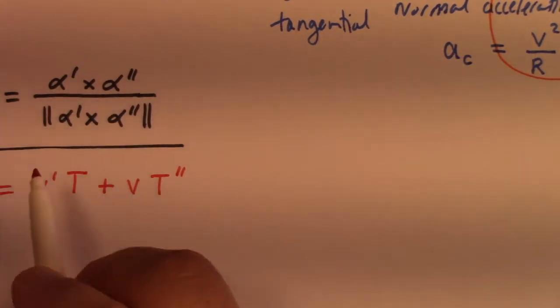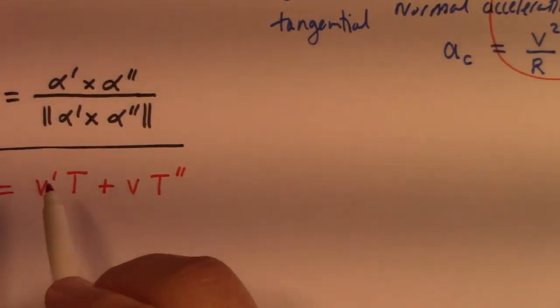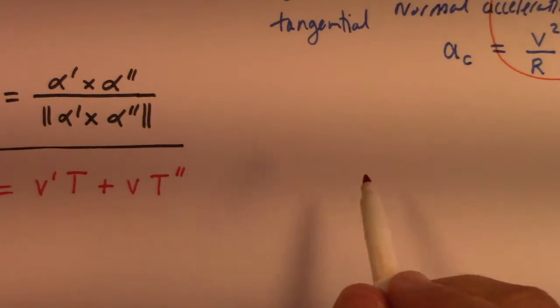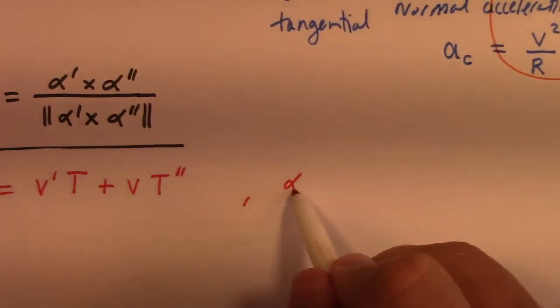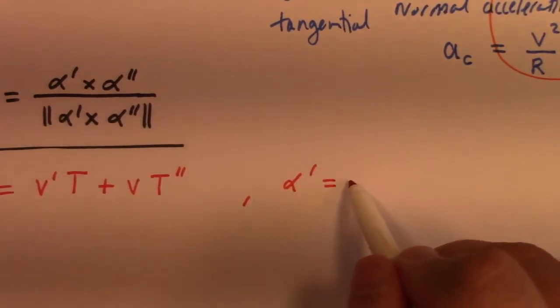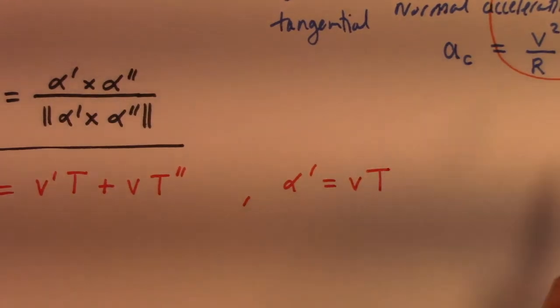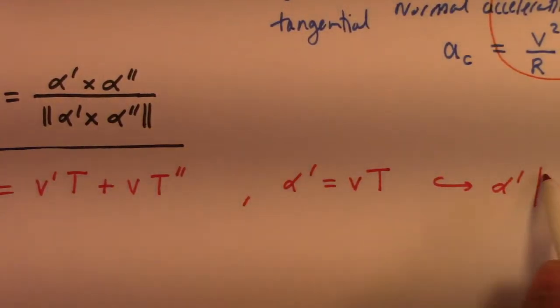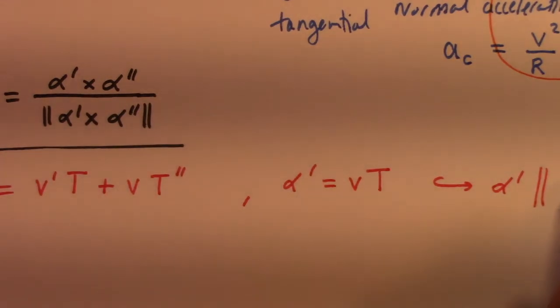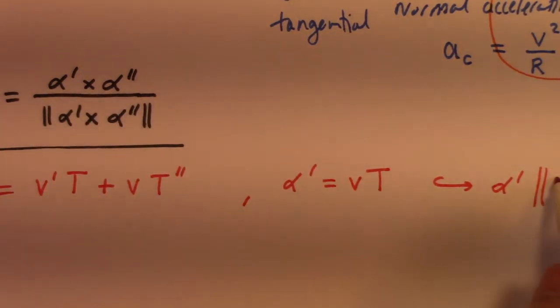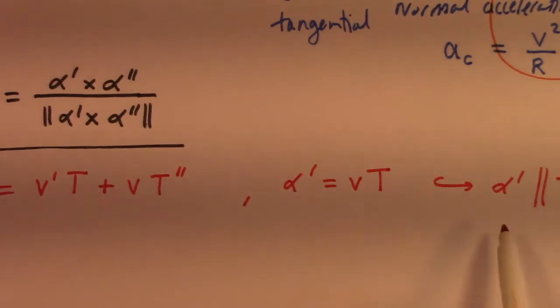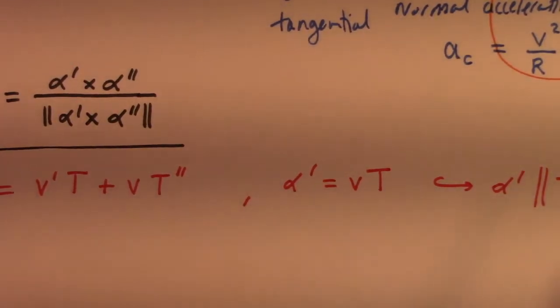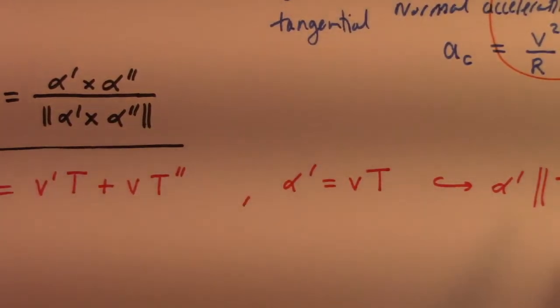But on the other hand, we also know that alpha prime is equal to v times t, right? So that tells me that alpha prime is parallel to t, because in fact the speed is positive, so it's actually directly in the same direction, even better than collinear, parallel, angle between them 0.